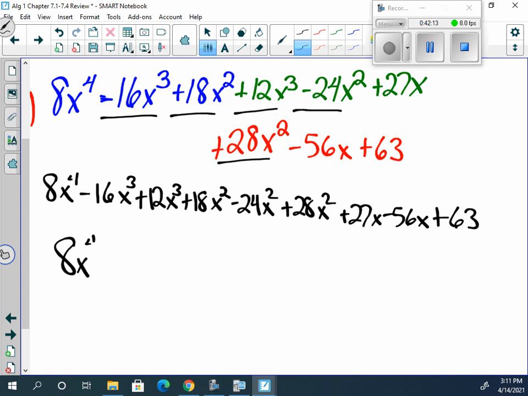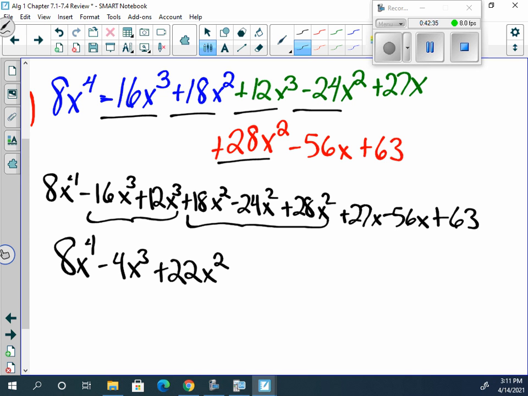Now, lastly, all we need to do is combine our like terms. Well, negative 16x cubed plus 12x cubed would be negative 4x cubed. Now, this here we do have a few more. So we can combine these in any order, but if we do 18 minus 24 plus 28, we get 22x squared.